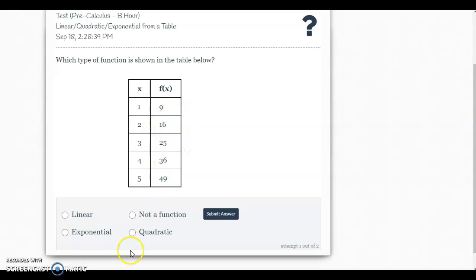And so the last thing you want to try is quadratic, or sometimes it's the second thing you try. It's your order, you decide what you want to do it in. So I'd already decided my first differences were 7, 9, 11, and 13. So actually all of my second differences would be 2, because the difference between 7 and 9 is 2, and the difference between 9 and 11 is 2.